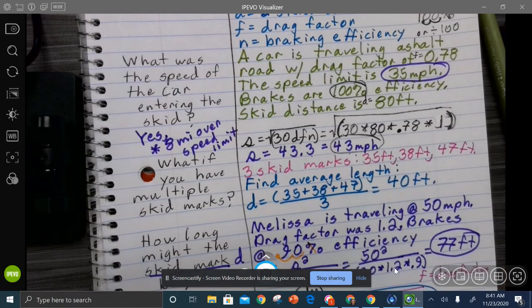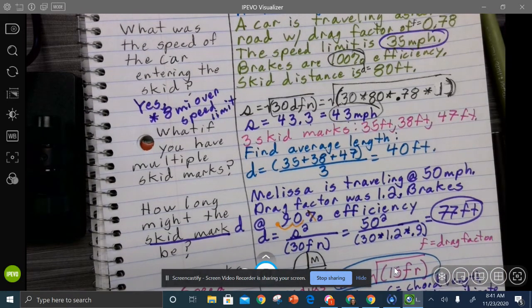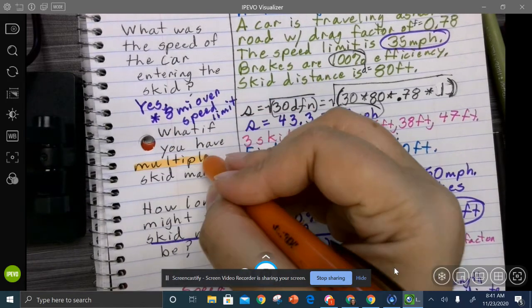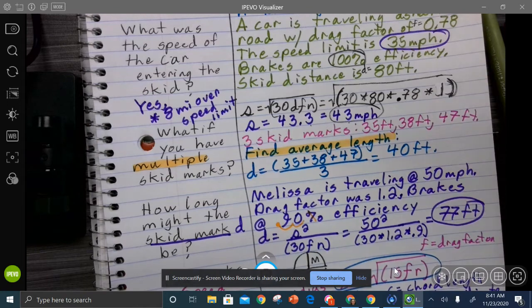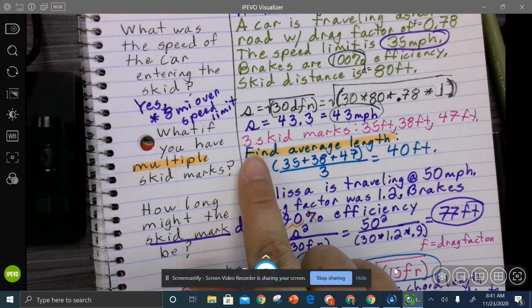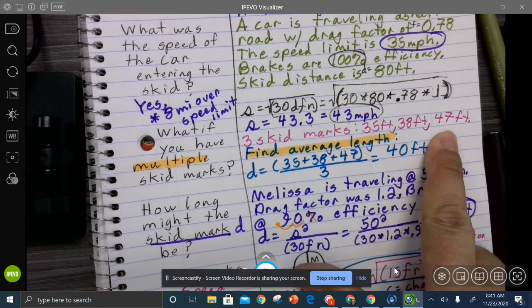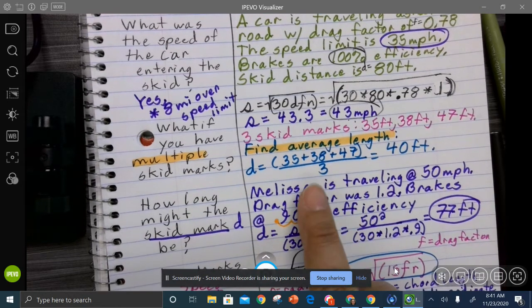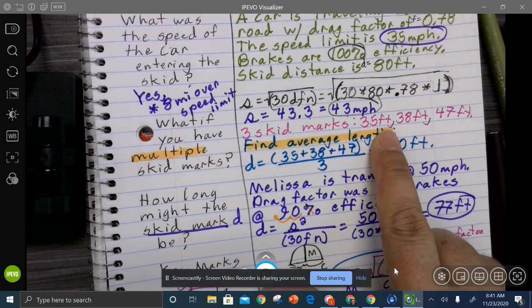Okay, what if we have multiple skid marks, everybody? For multiple ones, we find the average length, or the mean. So we have 3 skid marks of 35, 38, and 47 feet. Those are the 3 skid marks of the accident, which the forensic accident investigator measures.